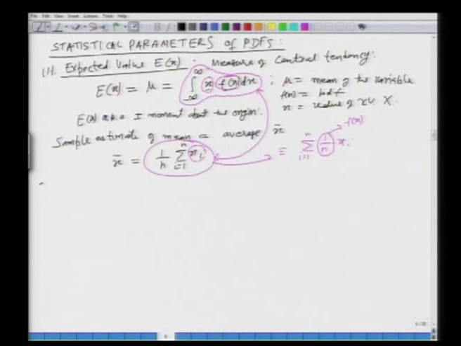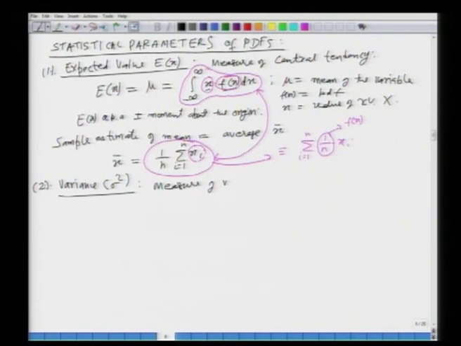Okay. The second characteristic is what is called the variance, which is sigma squared, which is the measure of what? As the name suggests, a measure of variability in the data.